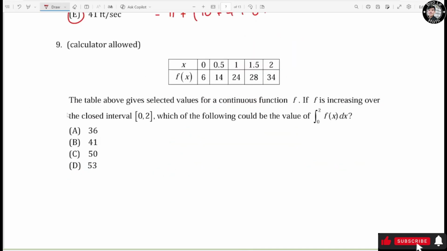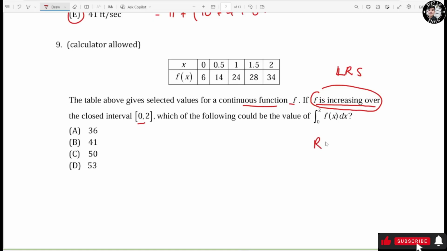Now question 9. The table above gives selected values for a continuous function f. If the function f is increasing over the closed interval 0 to 2, which of the following could be the value of the integral from 0 to 2 of f ds? Now, since the function f is increasing, it tells us that the left Riemann sum is an underapproximation, right?